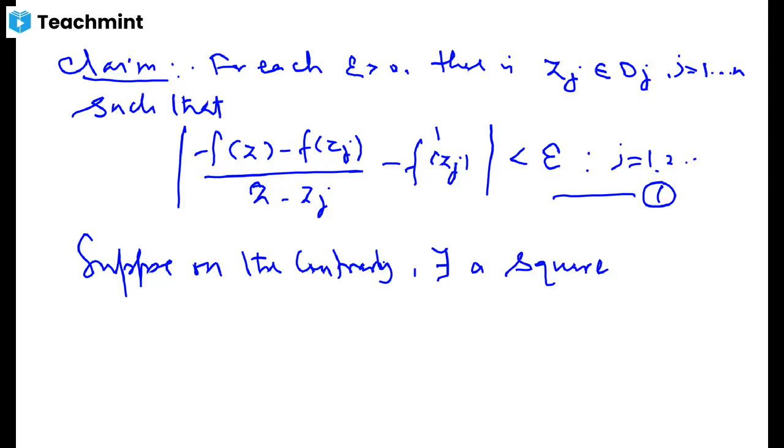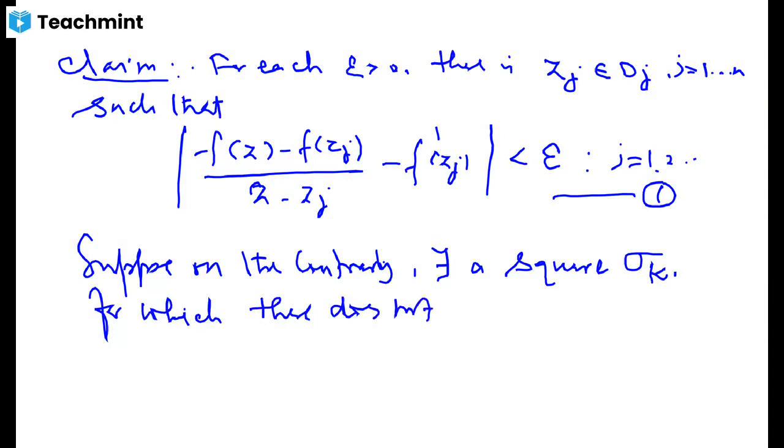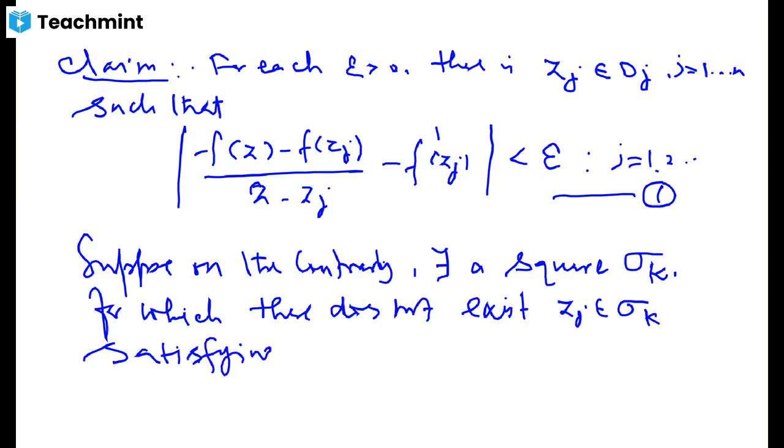Let me denote that square by sigma k. Suppose there is a square sigma k for which there does not exist z_j in sigma k satisfying the first inequality.